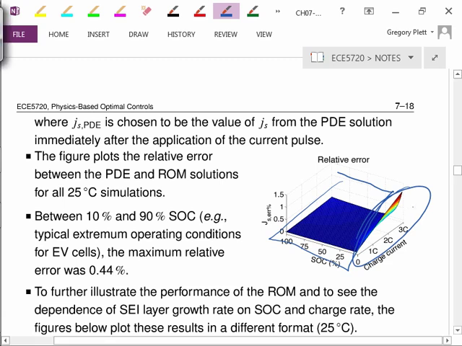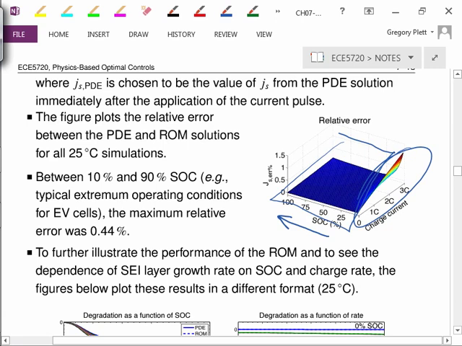And then the places where the error was bad was when the state of charge was low. And that's when you really don't expect very much SEI growth at all, because it only happens on high charging events close to 100% SOC. So maybe I don't even have to worry about the relative error there, compared to the relative error when SEI growth was very rapid.